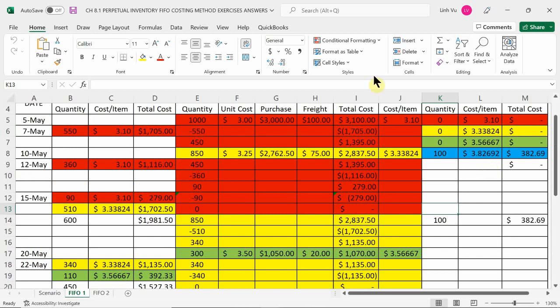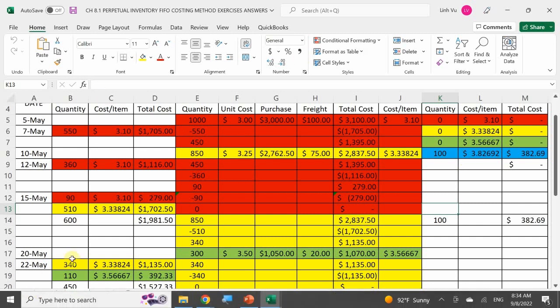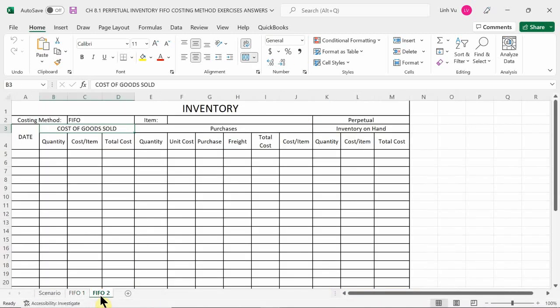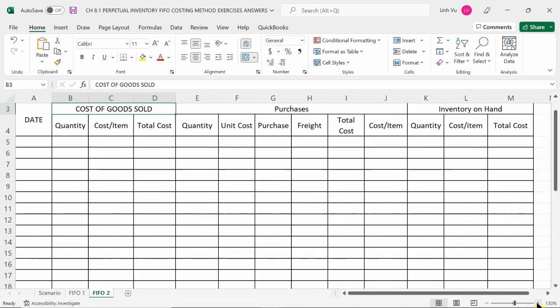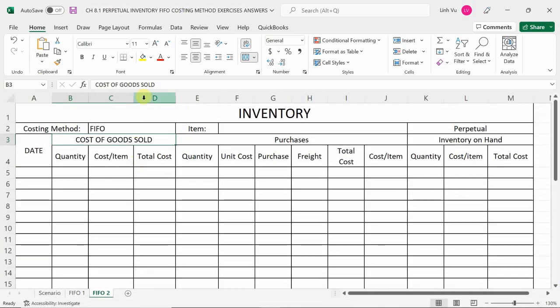So what happens here is we're going to take these 100 units. Out of the 4 batches, we only have that 1 batch left, so we're only going to be transferring that 1 batch over. We got 100 over, and we're going to put that into my inventory on hand. Since we have beginning inventory, that was not something we sold or purchased.